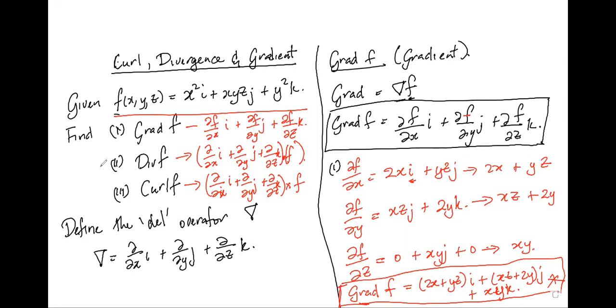The divergence is going to be the dot product. So we're going to take the dot product of each of these. It's not the whole entire derivative we take for the divergence. It's just the first one we differentiate with respect to x, the second one with respect to y, and the third one with respect to z. But let me write it down.